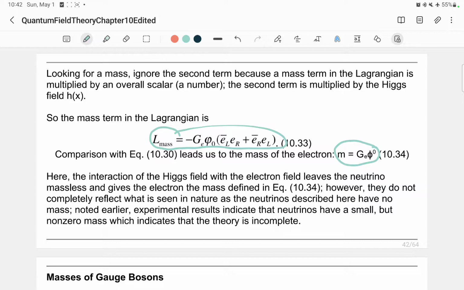And so, of course, today neutrino studies are very popular, and they are actually making some detectors in, for example, Antarctica to detect neutrinos and measure its mass.